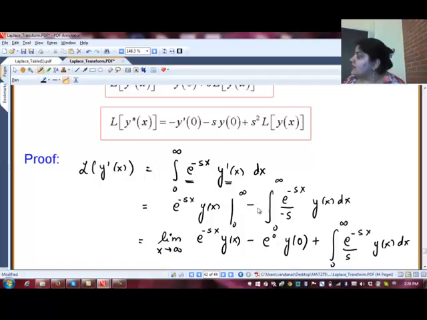Then this negative sign gets cancelled with this negative sign, and we get e to the power minus sx over s times yx. Now if I pull this s out of this integral, by the way, is it right?